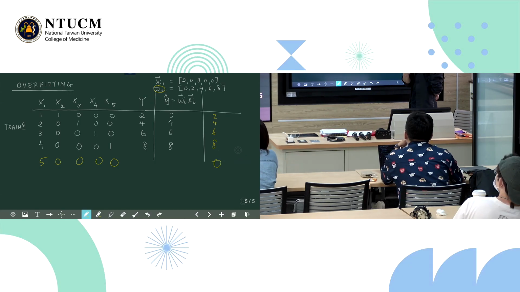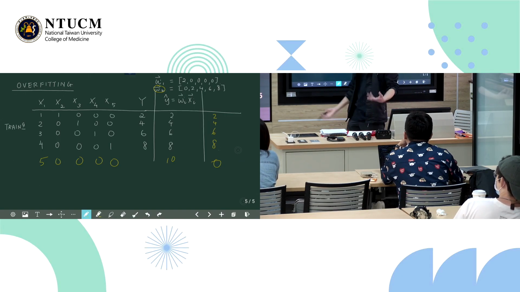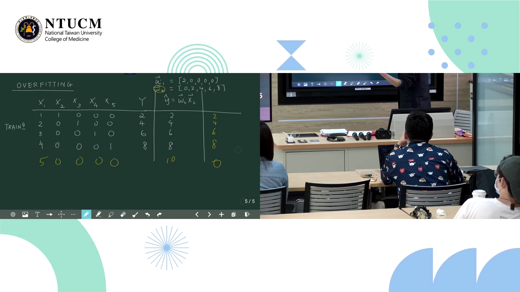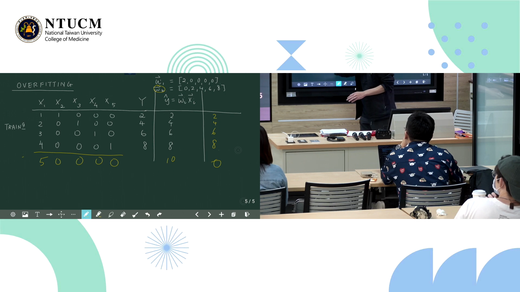What will your answer give me? Which one is correct? Yours. So this is overfitting. The problem of overfitting. We don't know who is correct because this is non-existent in the original data.